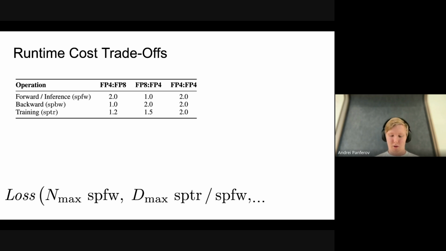And because of this, to normalize the compute between different speedups, we need to multiply token count by training speedup and divide it by forward pass speedup to arrive at a normalized compute cost comparison.